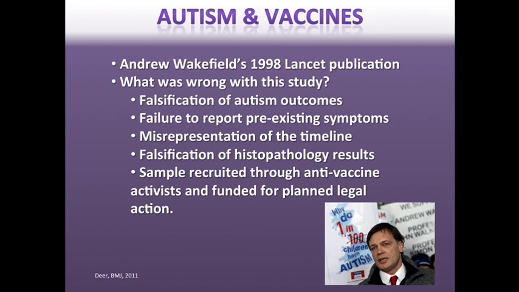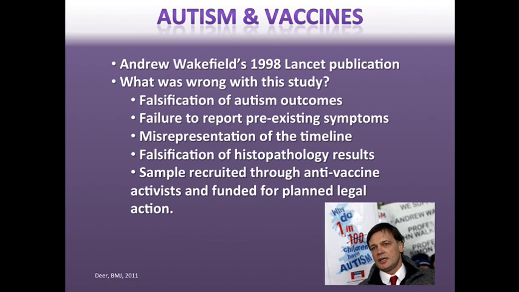Now, concerns about vaccines have been around for a very long time, and certainly there actually are examples in history of vaccines that were poorly made, that weren't tested properly, and that actually seriously harmed people and caused death. So concern about vaccines in and of itself is not actually unreasonable.